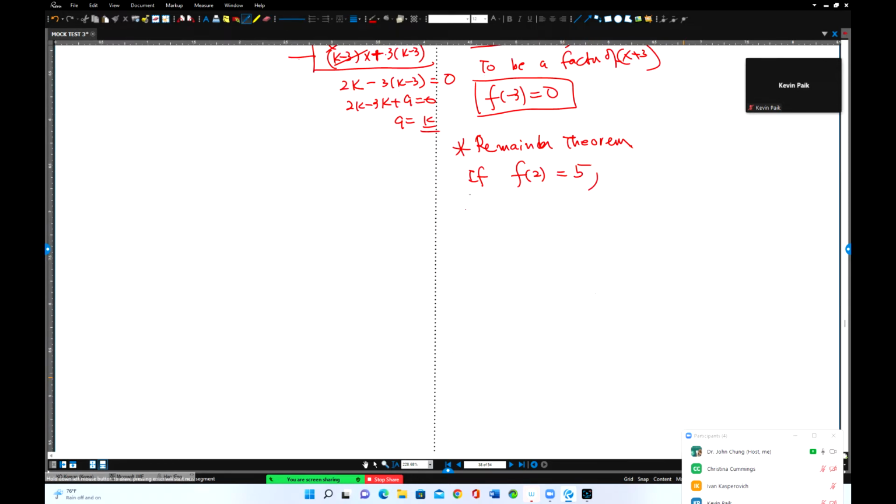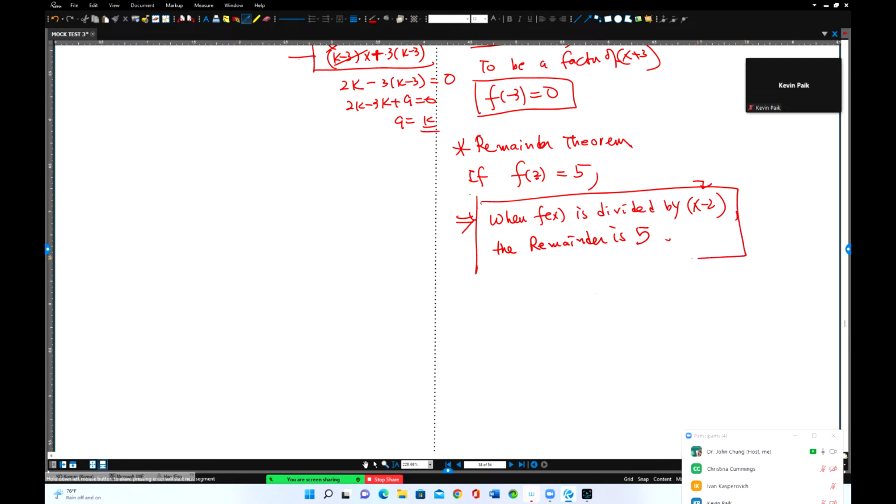That means when f of x is divided by x minus 2, that is a factor, okay? By the factor, the remainder is 5. That's the meaning. Okay?